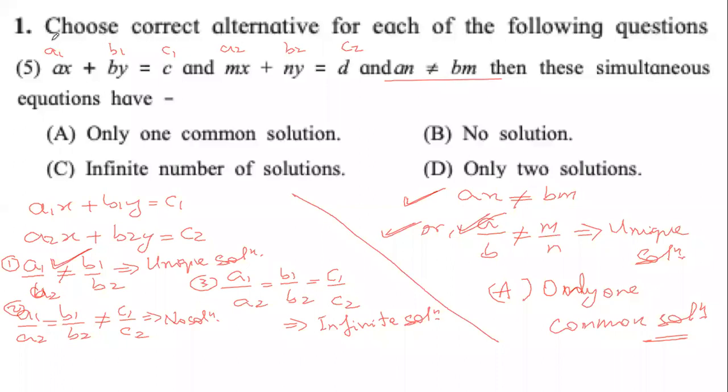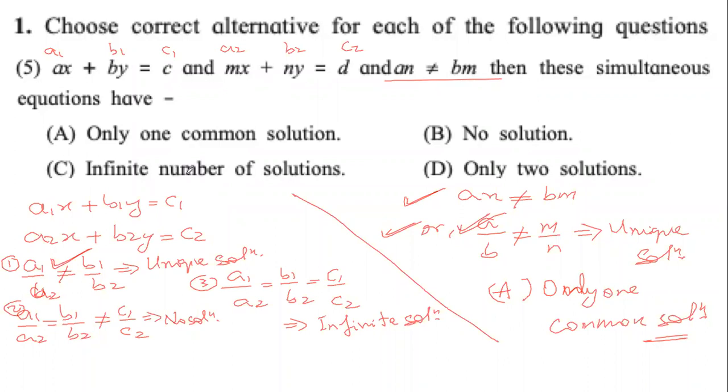I'm telling you once again, if the two linear equations are a1x plus b1y equals to c1 and a2x plus b2y equals to c2, there are three possibilities. Possibility number 1, a1 by a2 is not equal to b1 by b2. When that happens, it means we will have only one unique solution.